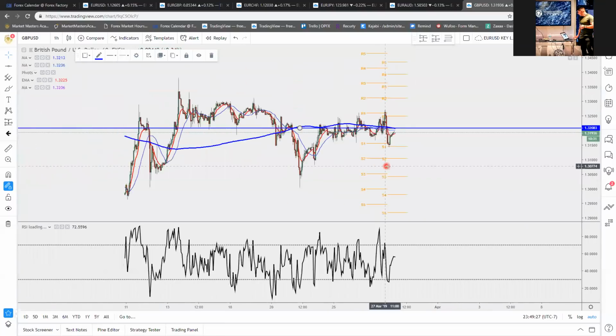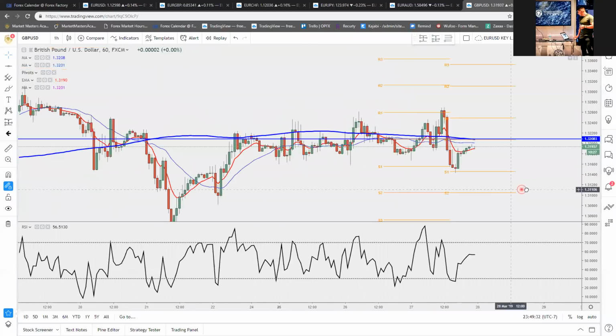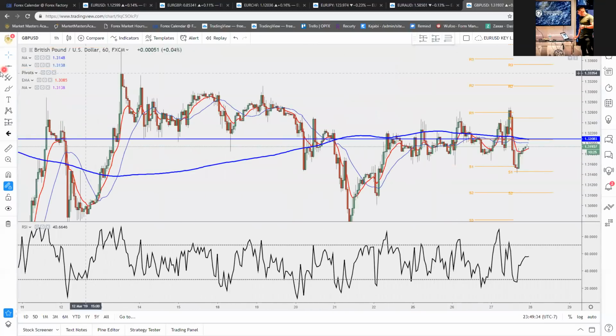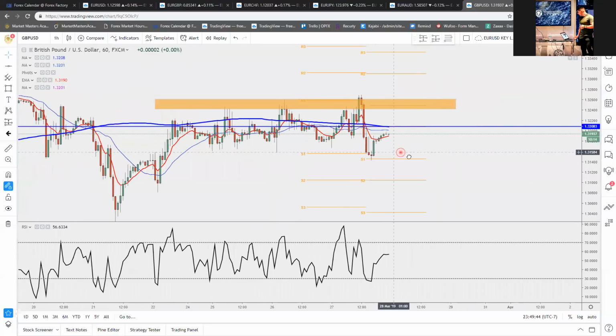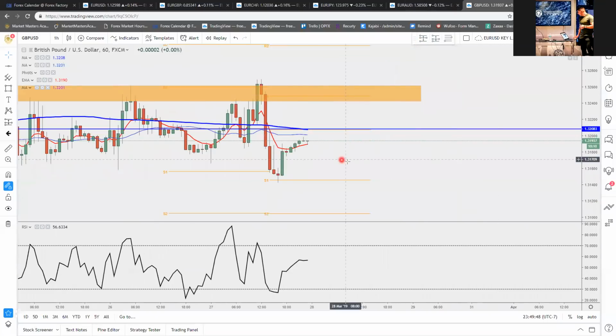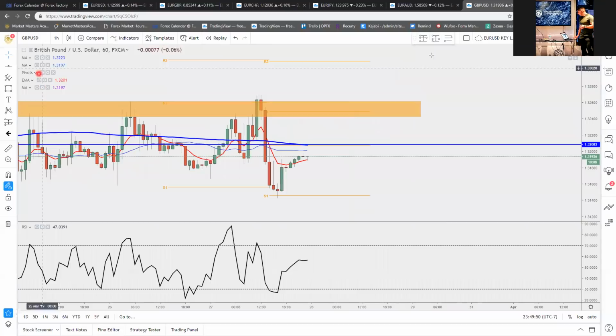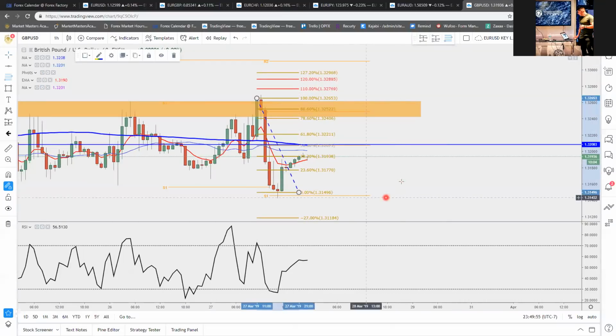Going out to the 1 hour. Just in pretty much this area right here, it's an area where it's not crossing. So this is showing that it's going up, and most likely it's going to be going down because you can see this low, this high.